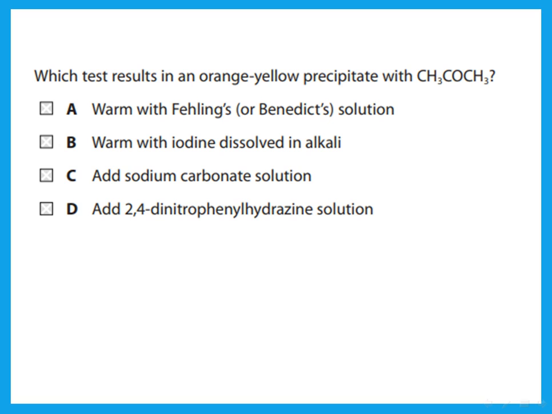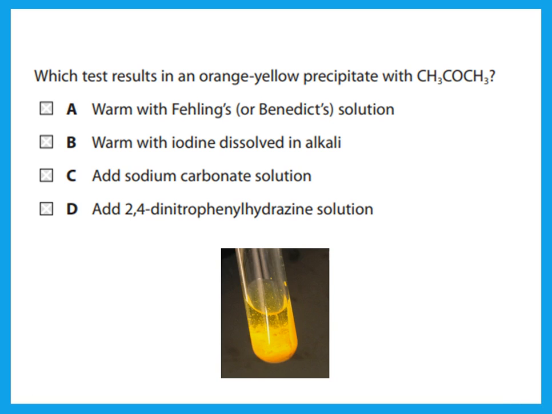So which one gives orange-yellow precipitate with a ketone? We said both aldehydes and ketones react with 2,4-dinitrophenylhydrazine. This ketone will not react with Fehling's or Benedict's. It will not react actually with sodium carbonate. We will talk about the reaction of iodine and alkali in a minute, but remember that both aldehydes and ketones will give orange-yellow precipitate with 2,4-dinitrophenylhydrazine.